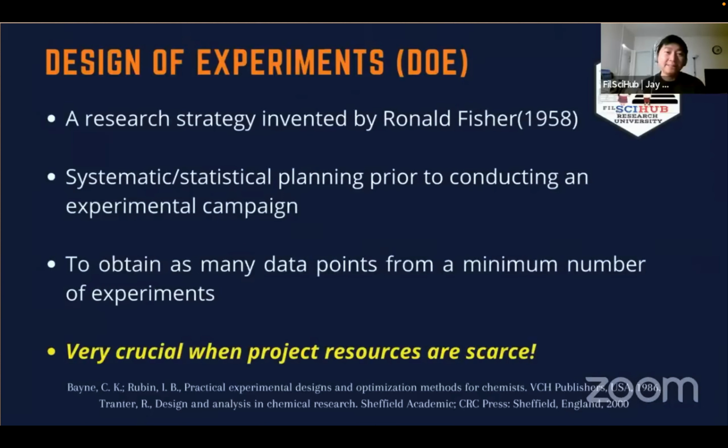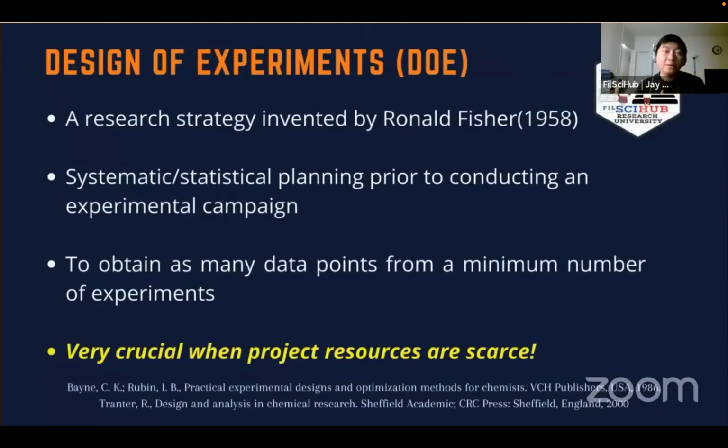So it involves a systematic planning prior to conducting an experimental campaign or experimental study. And this aims to study as many data points from a minimum number of experiments. So we try to optimize the number of experiments in order to get as much data points or get as much information with a limited number of experiments.